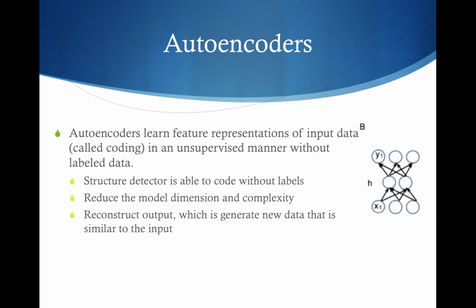The model takes the input data and then uses the code to reconstruct the output data. As you can see from the architecture, the input goes to the hidden layer, and this code reconstructs the output data. The output must be as closely similar to the input data as possible.